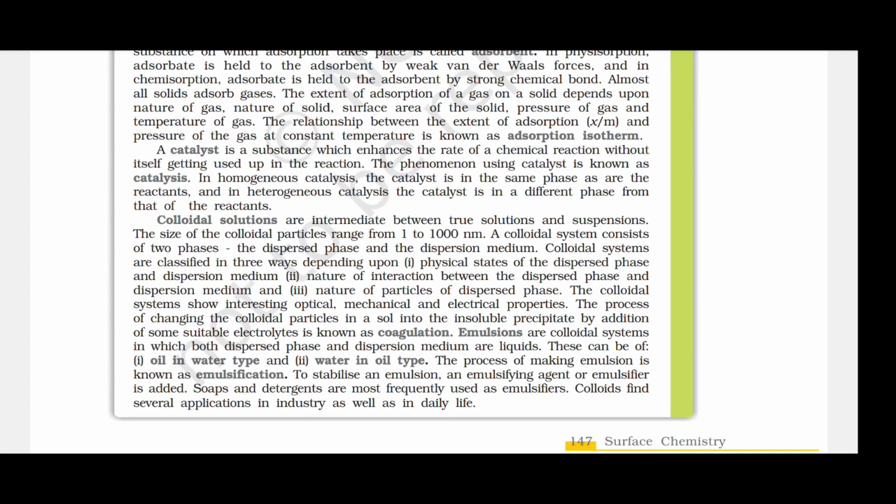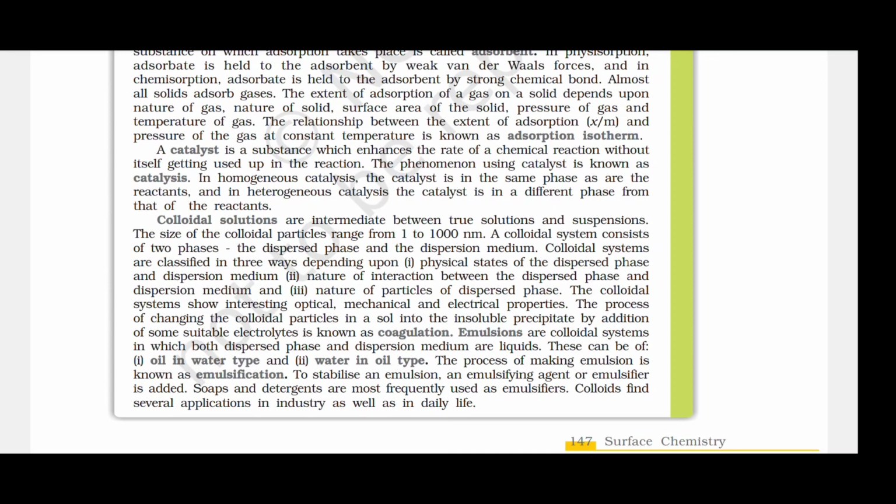The colloidal systems show interesting optical, mechanical, and electrical properties. The process of changing the colloidal particles in a sol into the insoluble precipitate by addition of some suitable electrolytes is known as coagulation. Emulsions are colloidal systems in which both dispersed phase and dispersion medium are liquid.